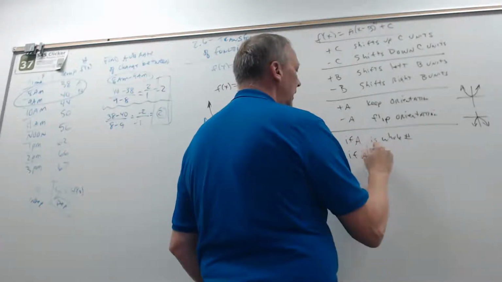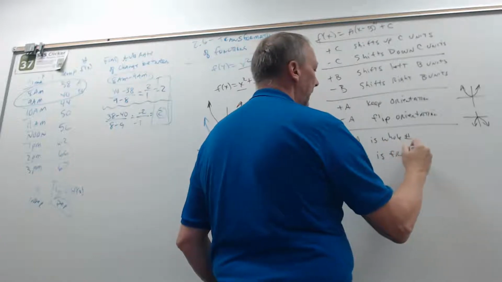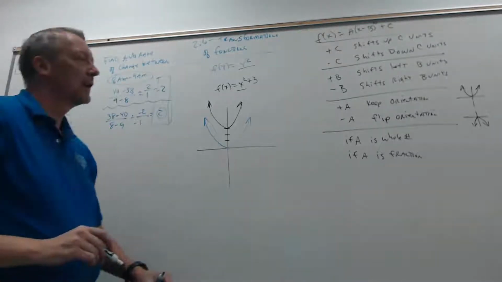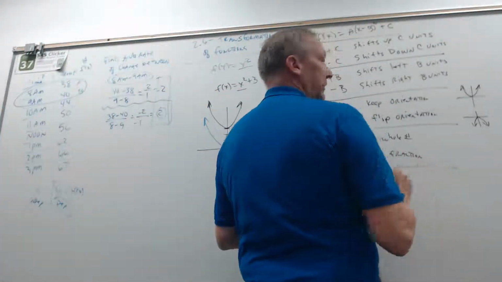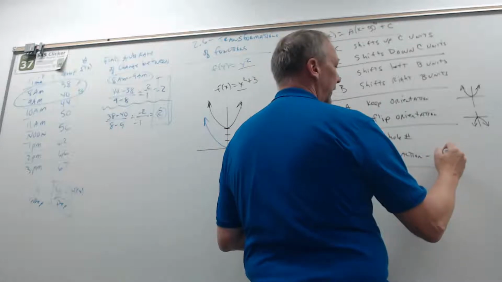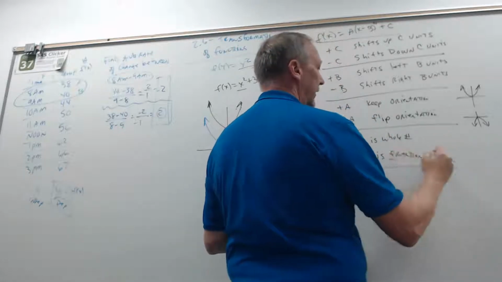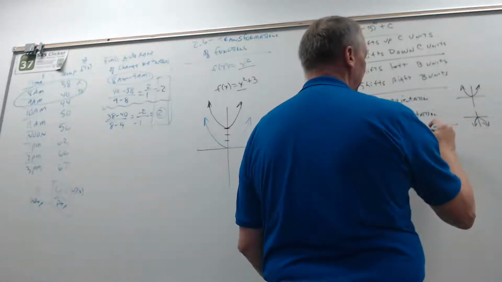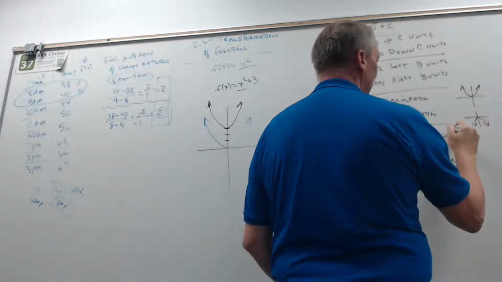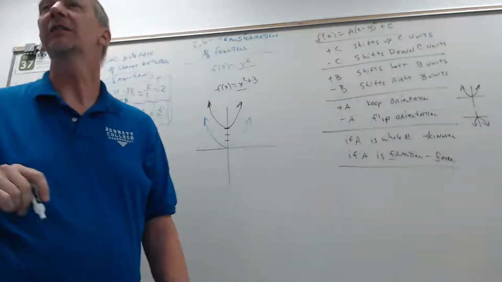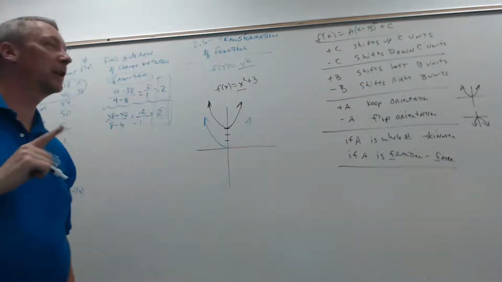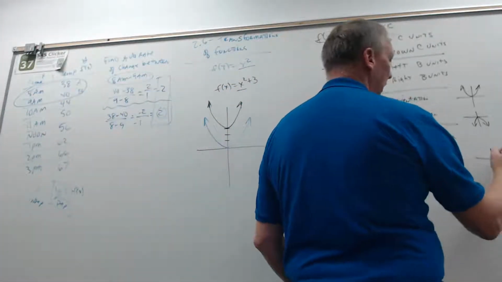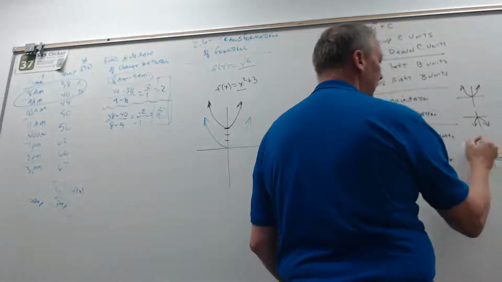Now, the question is, if a is a whole number versus if a is a fraction. And here's how I'm going to do this. I'm going to say that fractions are fatter. F and F. Fractions are fatter, and whole numbers are skinnier. As applied to a parabola, if I have a fraction, it's going to make it fatter.